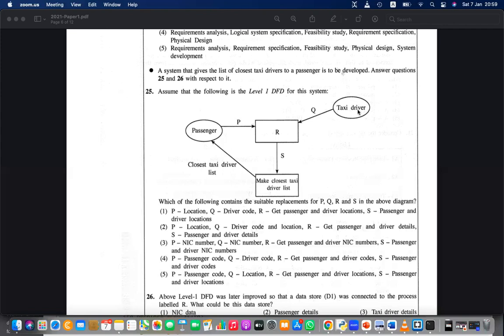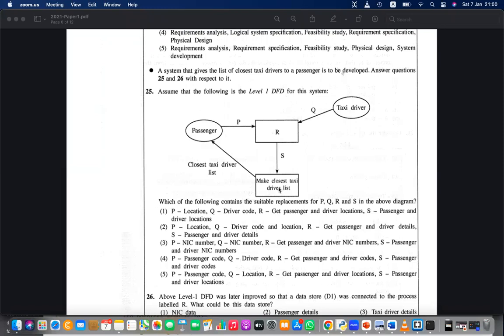Driver identification number, right? And the location is also needed. Therefore, let's go for number 2, because it has the location part. Here was the passenger's location, driver's location, both need to be done. Driver code is okay, but better have the location too. Therefore, I'm sticking to number 2.